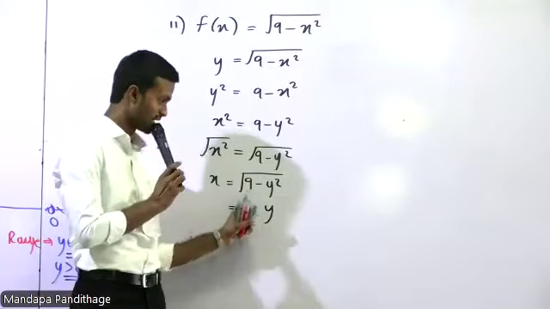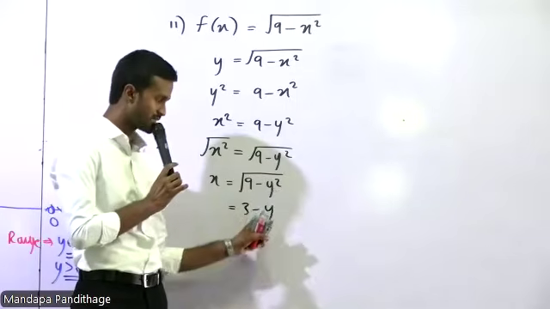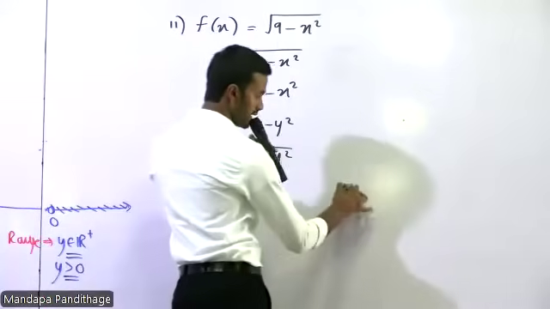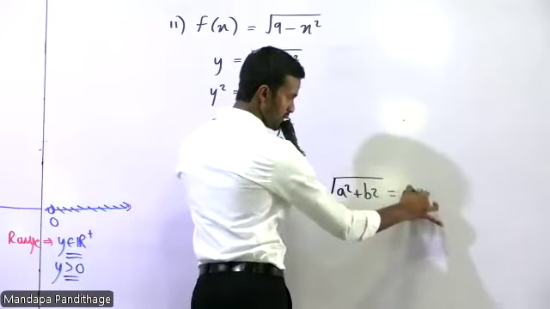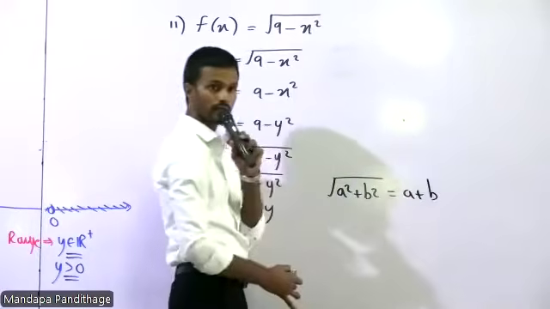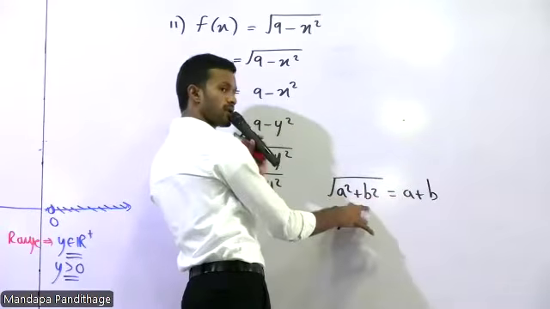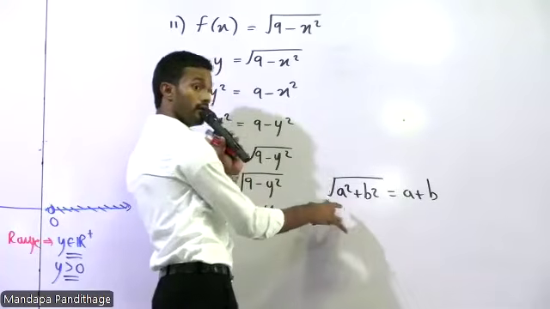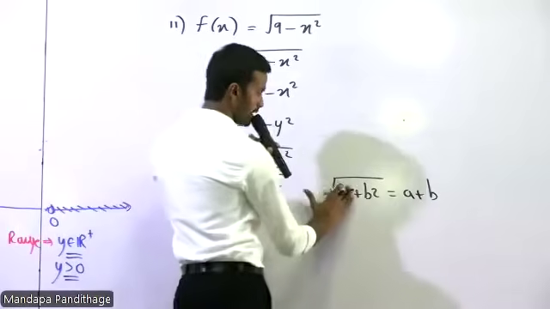The square root of 9 is equal to 3, I admit. The square root of y squared is equal to y, that even I admit. But did we learn that the square root of a squared plus b squared is equal to a plus b? You can write it that way only if inside the square root we have the total square, (a plus b) squared.